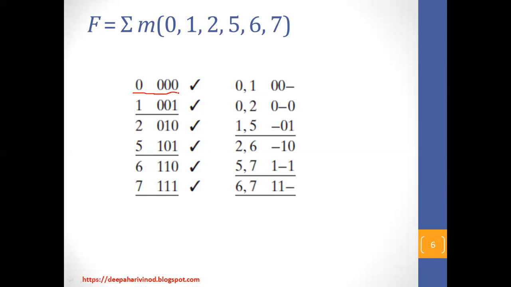So I can put a mark over here. This is index 0, and this both has two number of ones. So it is index 1, and this one also has two number of ones.